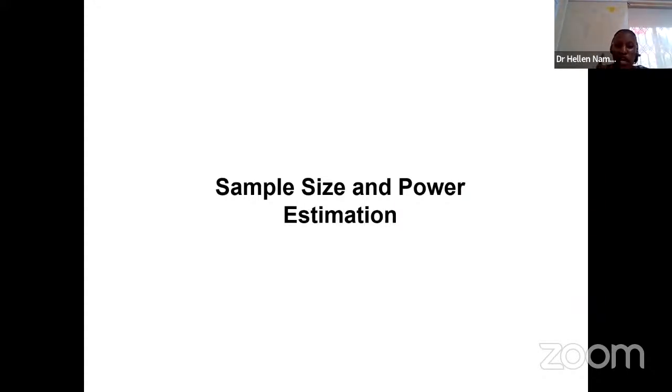Having done all this, because these are procedures that you need to come up with small n, the sample size, let's go ahead and see how I determine my sample size. Remember, the sample size that I need should not be too low and it should not be too high. But by the end of the day, it has to be sufficient to support me to achieve the objectives of the study or the objectives that you've set for your project.